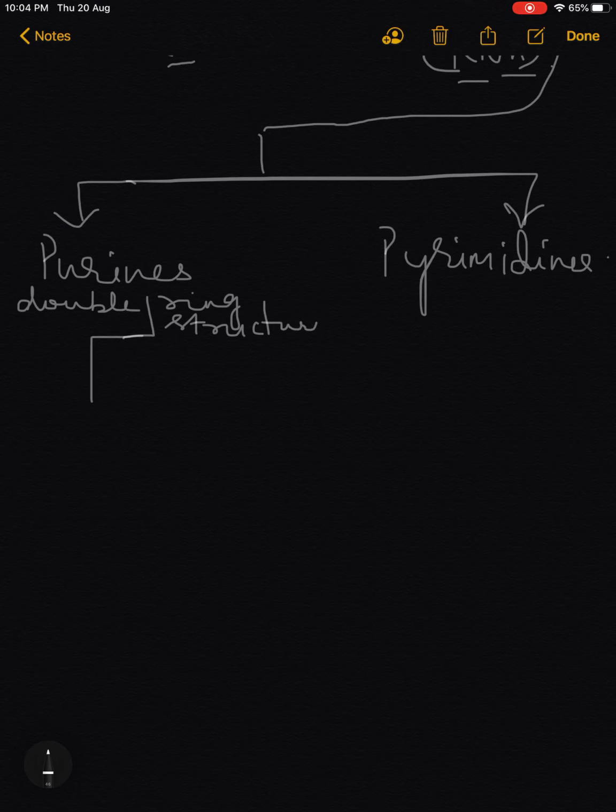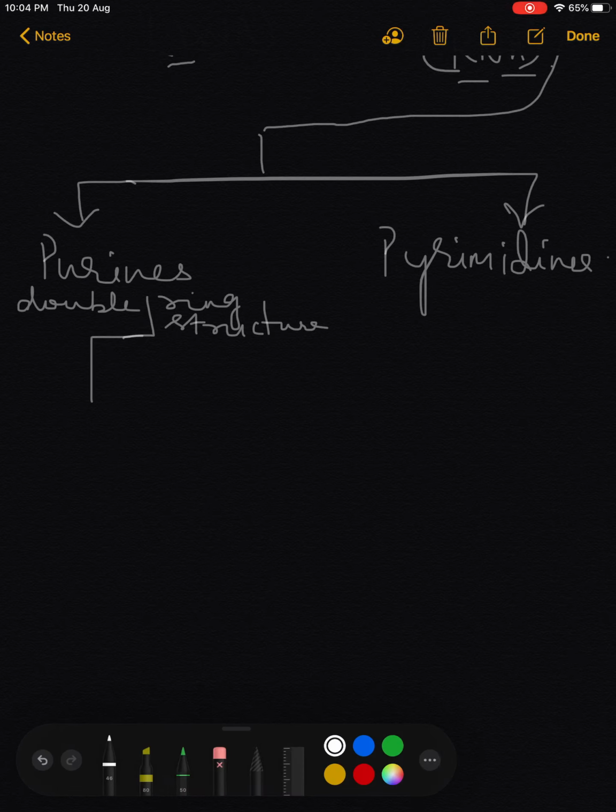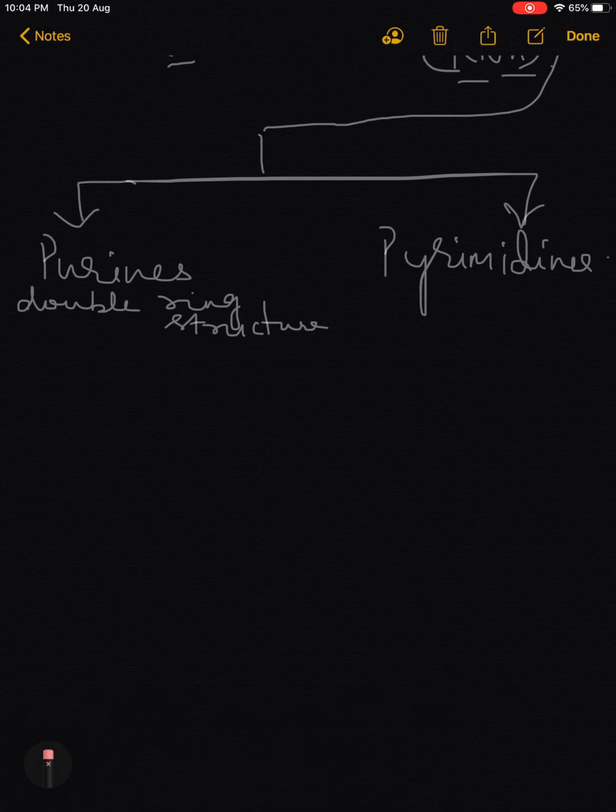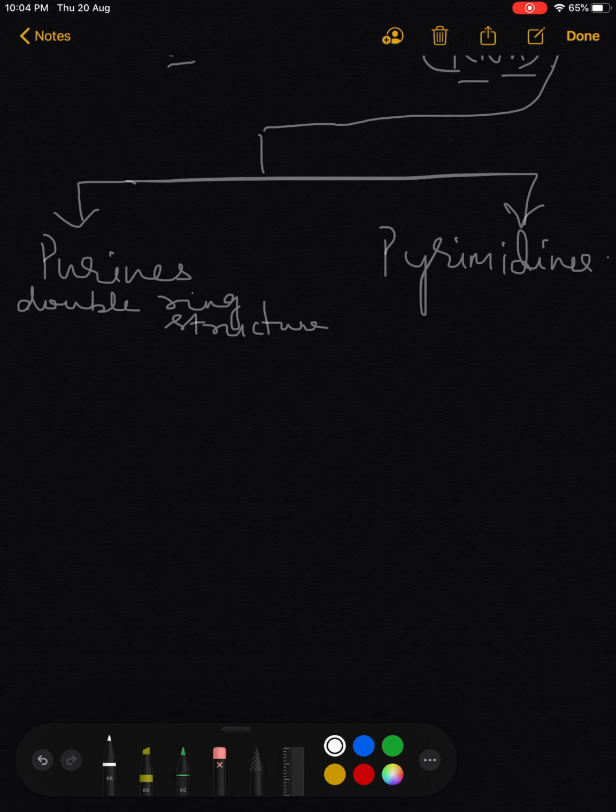Purines are a double ring structure, and let me rub this out so that it is much clearer. Let me show you here.